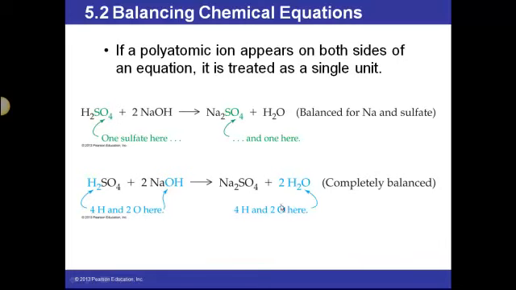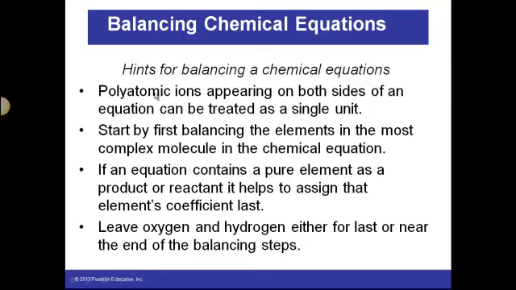Then make sure that your molecular formulas are correctly drawn on both sides of the equation. And then you can balance the elements in the most complex molecule in the chemical equation first. Leave the hydrogen and oxygen containing compounds or water containing compounds for the last thing that you're going to balance.